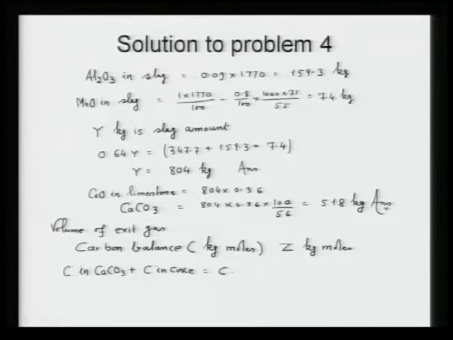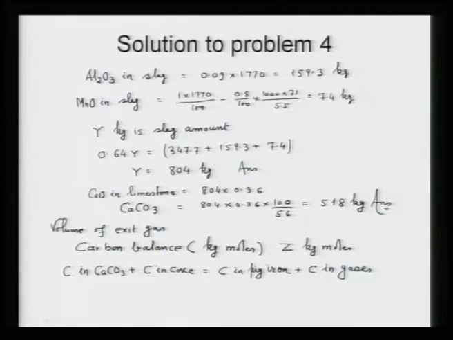So, while doing carbon balance, you have to consider the carbon content of calcium carbonate, because that is also entering. That should be equal to carbon in pig iron plus carbon in gases.